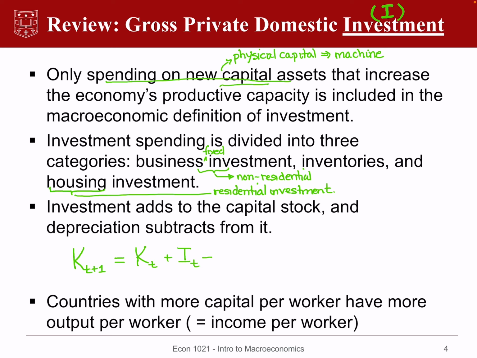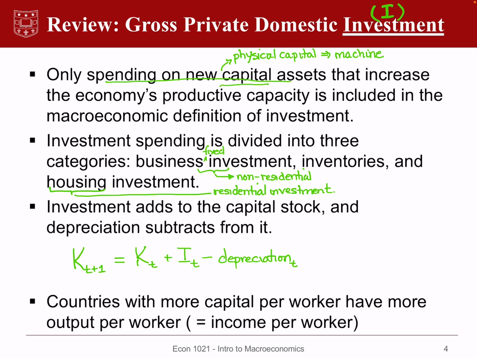And then some of the capital stock gets used up. Things deteriorate or their usefulness erodes, and that's how we think about depreciation. So the evolution of the capital stock from one year to the next can be described by this equation.